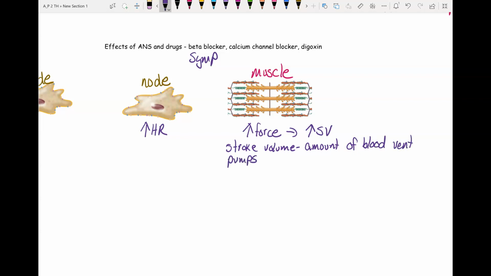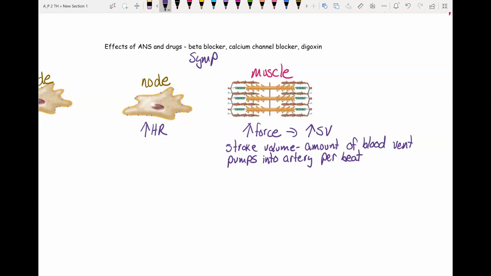And it's not total for the whole heart, it's per ventricle. So each ventricle has its own stroke volume. So you have the stroke volume of the right ventricle pumping into the pulmonary trunk and the stroke volume of the left ventricle pumping into the aorta.